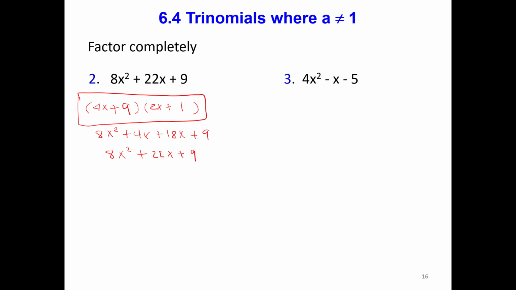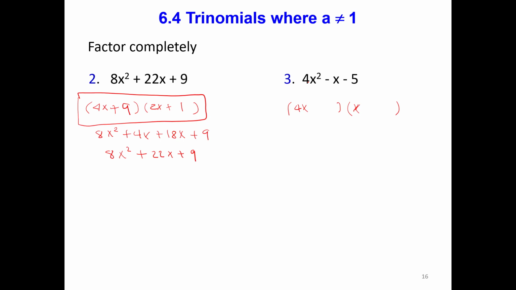We here had 4x squared minus x minus 5. One possibility we can write for this one is, for example, 4x and x. Yes, because if we multiply 4x times x, we get 4x squared.